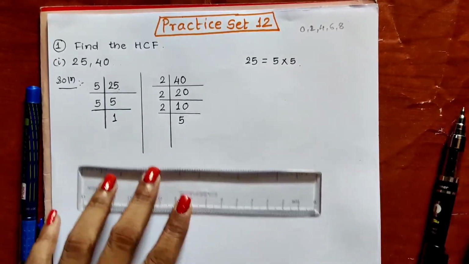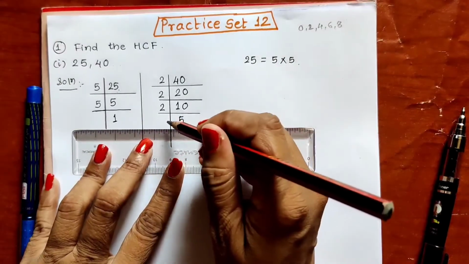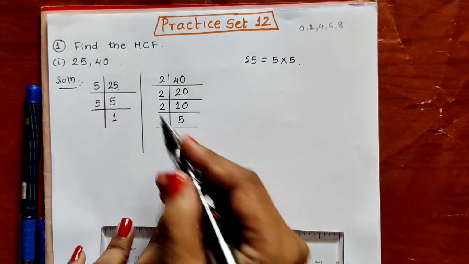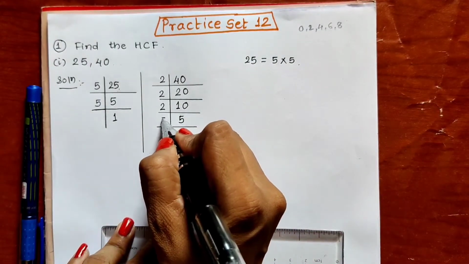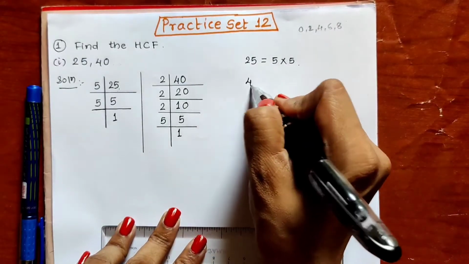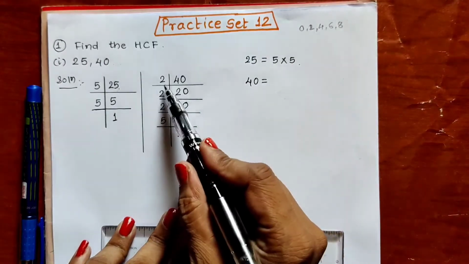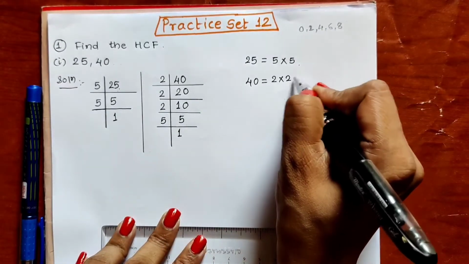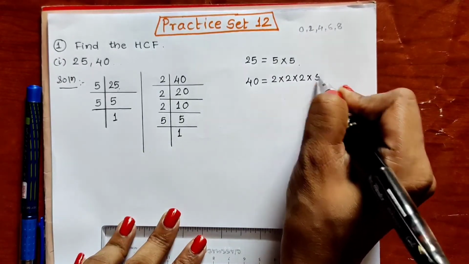Now we have got 5. 5 is a prime number. It is not divisible by any other number except itself. So 5 is divisible by 5. 5 ones are 5. So prime factors of 40 are 2, 2, 2, 5. We write it as 2 into 2 into 2 into 5.